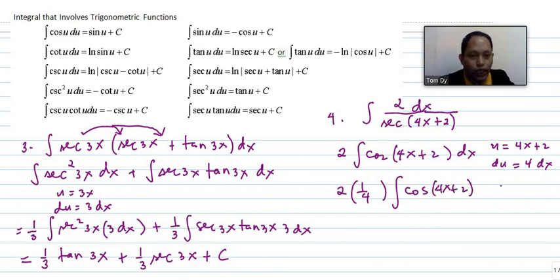Instead of writing dx, we have here 4 dx, because we already write this 1/4, the reciprocal of 4. So that when we integrate this one, this is 2 over 4, that is 1/2. And then integral of cosine equals sine u. So we have here sine of 4x plus 2 plus c. So that is our final answer.